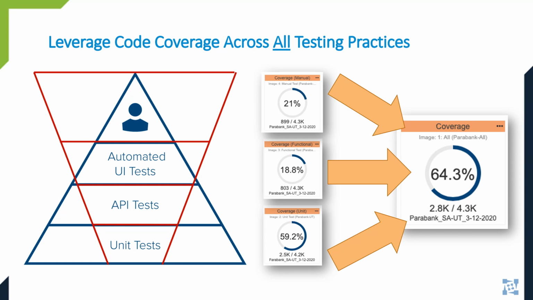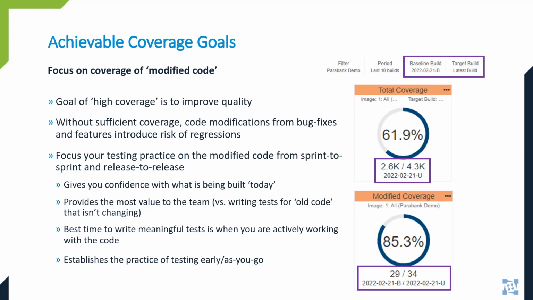Additionally, when you're collecting code coverage, this gives you the ability to do deeper analytics and to associate code coverage with specific tests. In an agile development lifecycle, you're constantly making changes.